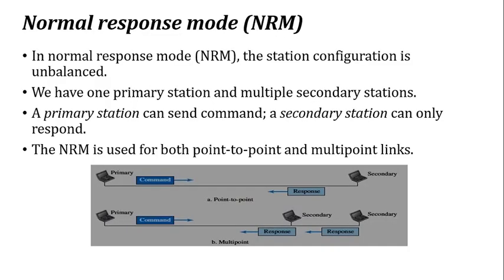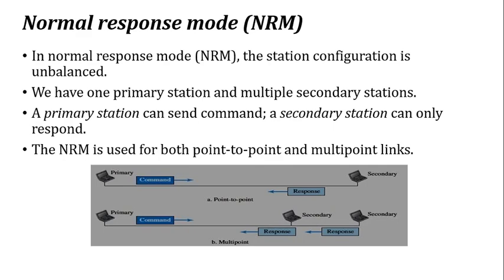First we are going to talk about NRM, normal response mode. In NRM, the station configuration is unbalanced. We have one primary station and multiple secondary stations. A primary station can send commands, a secondary station can only respond. NRM is used for both point-to-point and multi-point links.